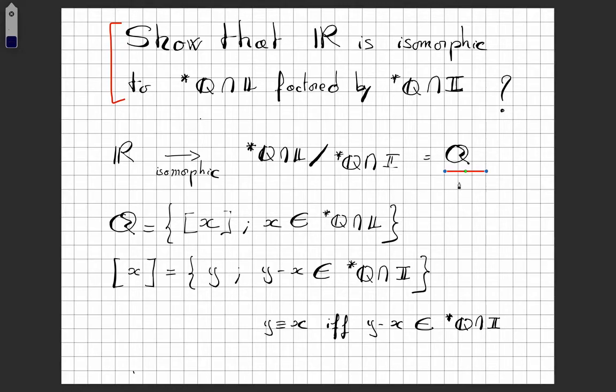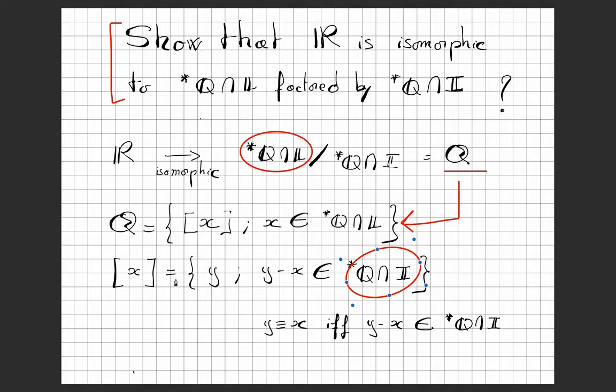So first, let's clarify what is the set Q here. So Q is the set of equivalence classes of x, where x are elements of the limited hyperreal numbers, and the equivalence relation here is defined by y minus x being in the set of infinitesimal hyperrational numbers, infinitely small hyperrational numbers.